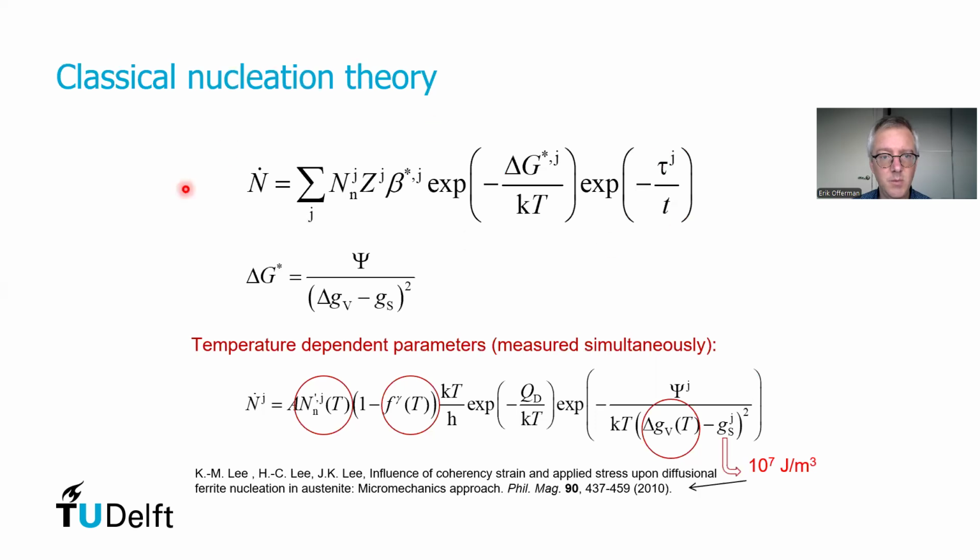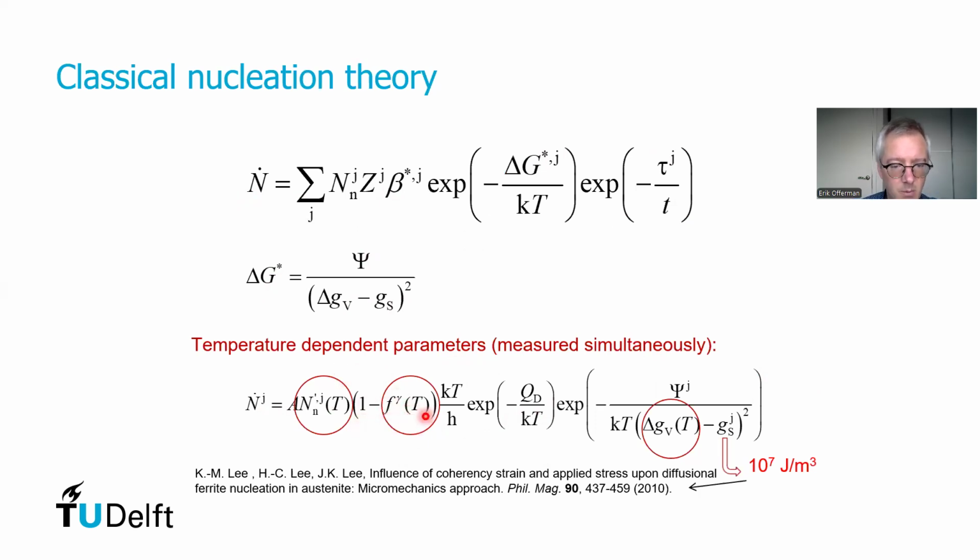So what kind of fit did we do? We had here the nucleation rate equation, activation energy for nucleation. We filled this in over there and ended up with this equation for the beta. We used this term, and we look at the number of nuclei per unit transformed matrix.